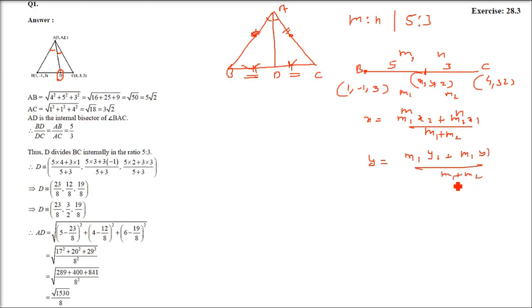And Z will be M1 Z2 plus M2 Z1 by M1 plus M2. I hope you got this.